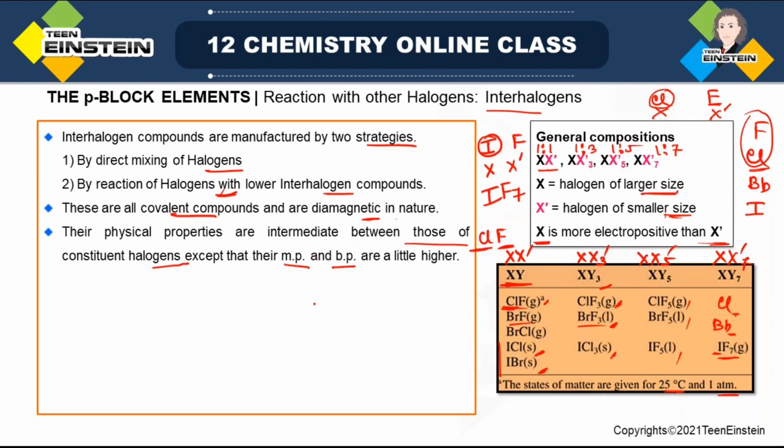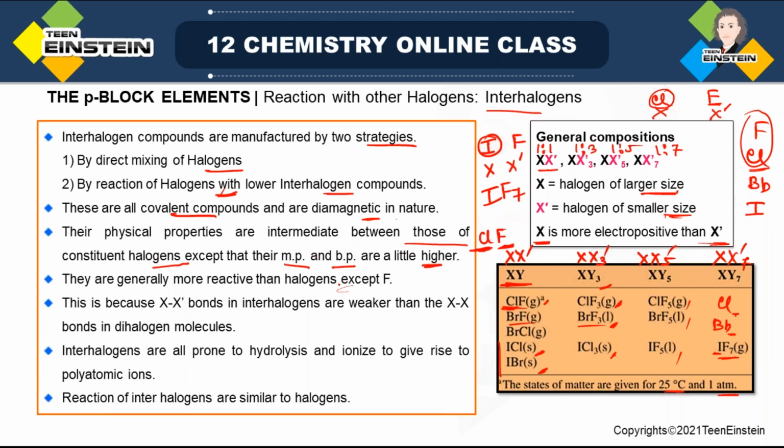So the physical properties of ClF are intermediate compared to Cl and F. Chlorine has some particular physical properties, fluorine has some particular physical properties, but when you make ClF, it will have properties in between those of Cl and F. But the melting point and boiling point will be a little higher compared to the original constituent halogens.